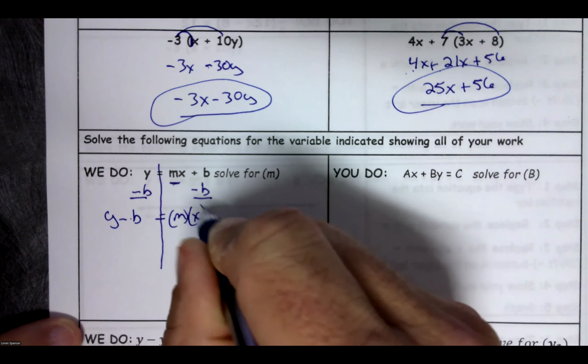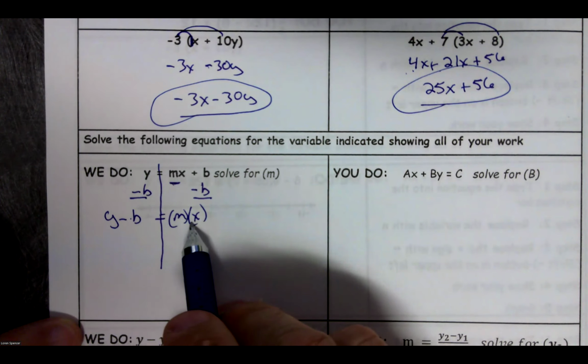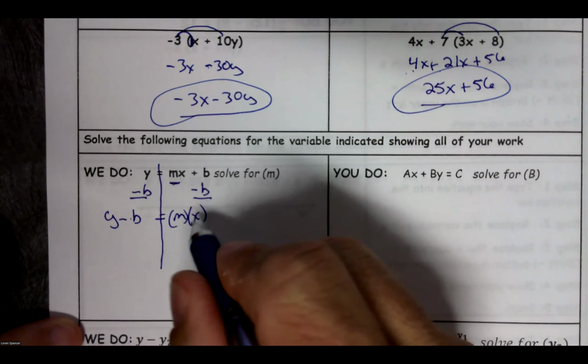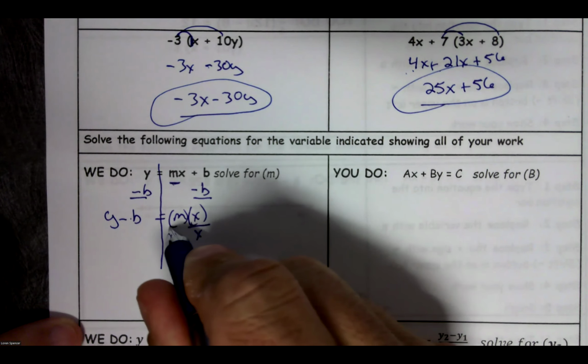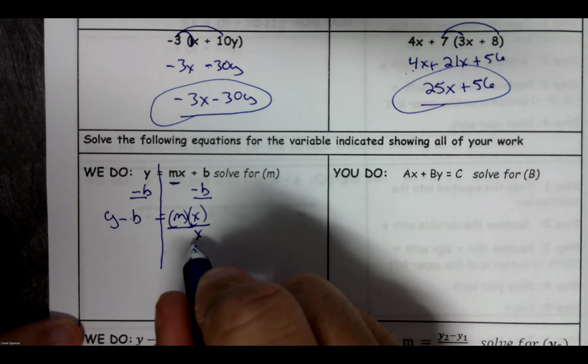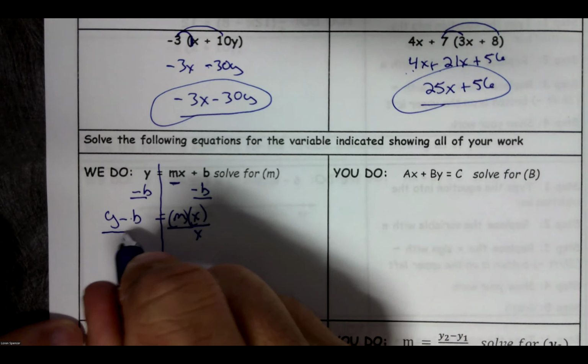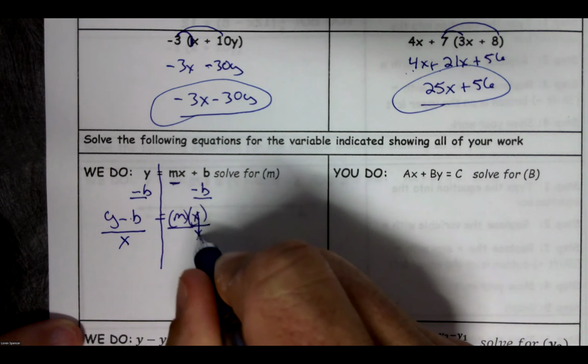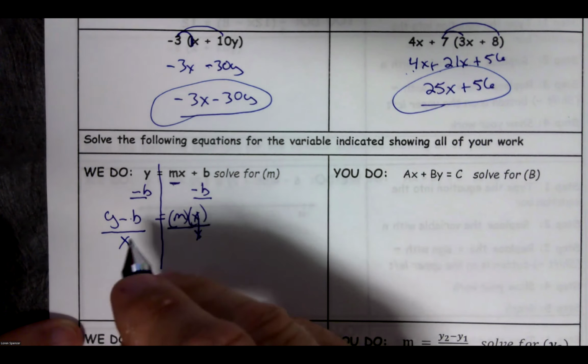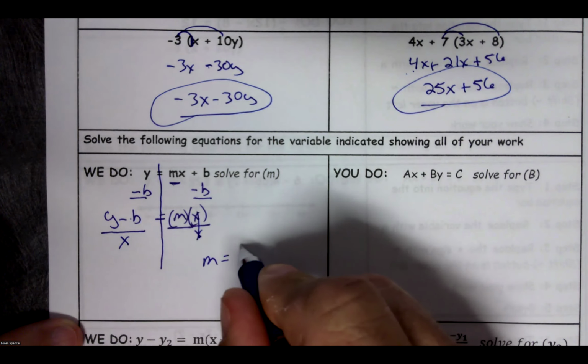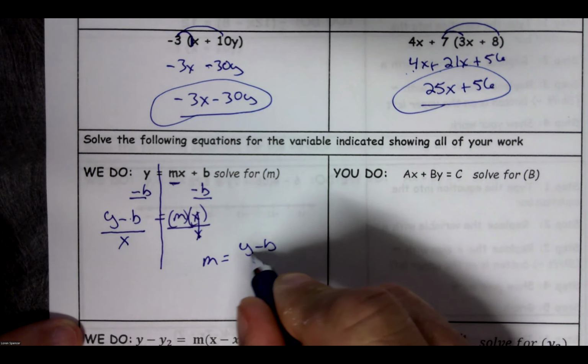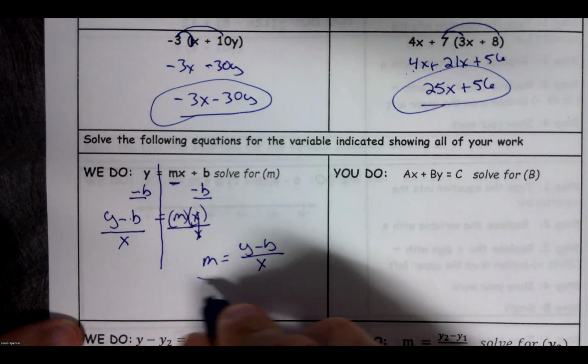That means m times x, and we're solving for m, so I need to divide both sides by x, because this is currently being multiplied. That's what the parentheses mean. We have to undo multiplication by doing division. And so we end up with m equals y minus b over x.